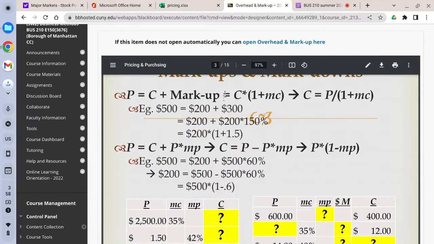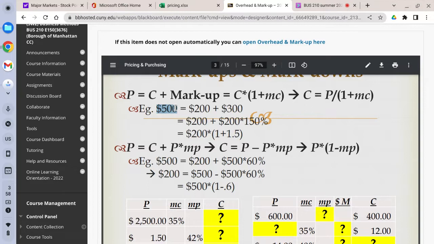Okay, so if the markup is based on the cost, I use the symbol MC. That means markup based on cost. Or if it is based on the selling price, MP, markup rate based on selling price. So think about it.